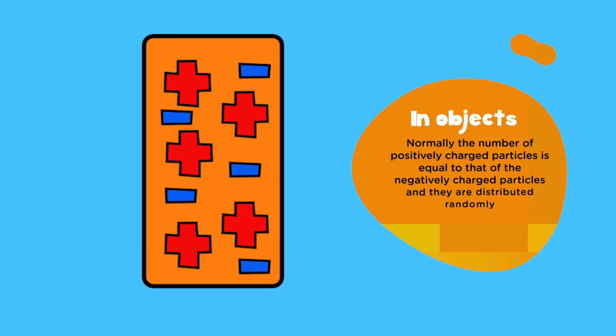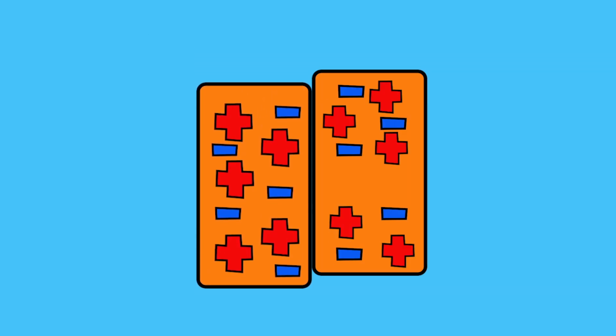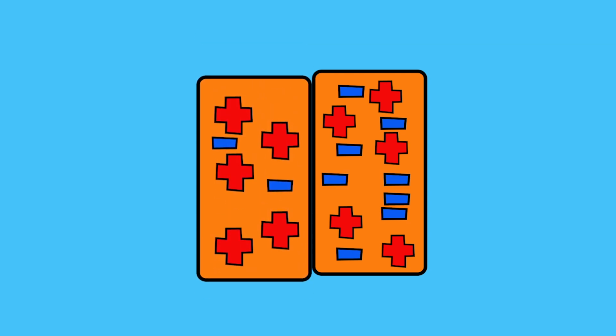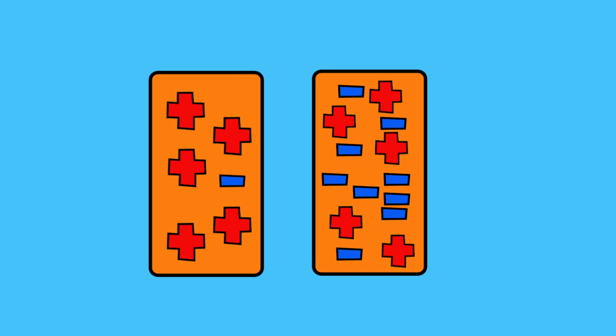The plus in this case will represent the positively charged particles, and the minus or the negative sign will represent the negatively charged particles. Normally, the number of positively charged particles in an object is equal to the number of negatively charged particles in an object. However, in some cases, when you rub two objects together, the negatively charged particles from one object move to the other object.